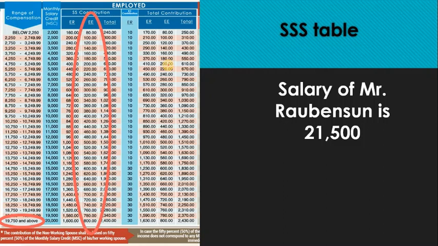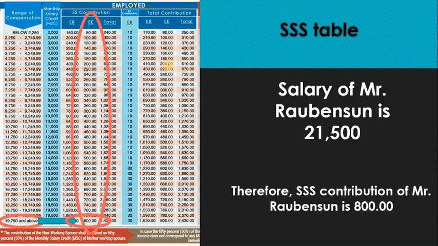19,750 and above. So my salary belongs there. If you check the EE column, that is 800 pesos. Therefore, the SSS contribution of Mr. Robinson is 800 pesos, and 800 pesos is automatically deducted from my salary every month.